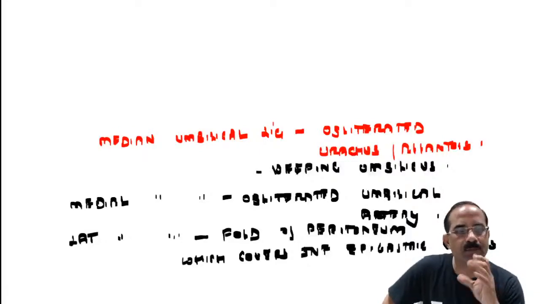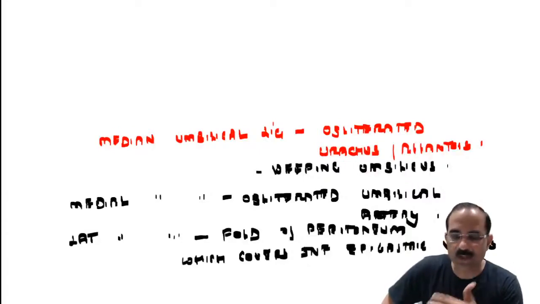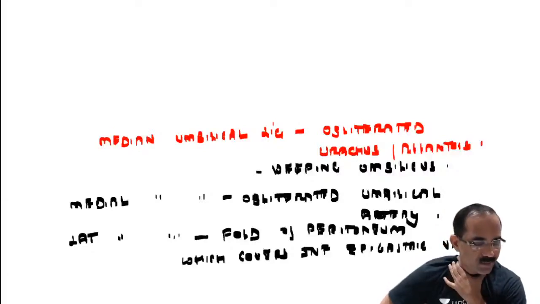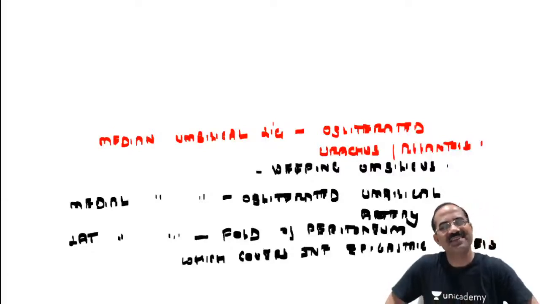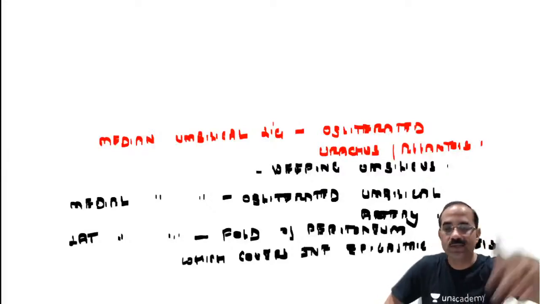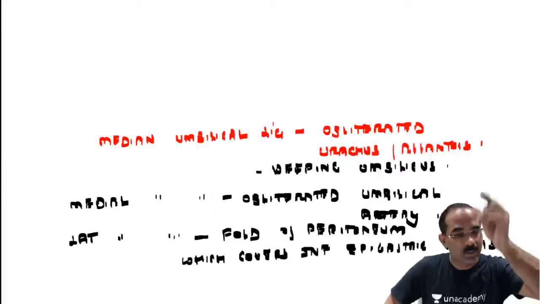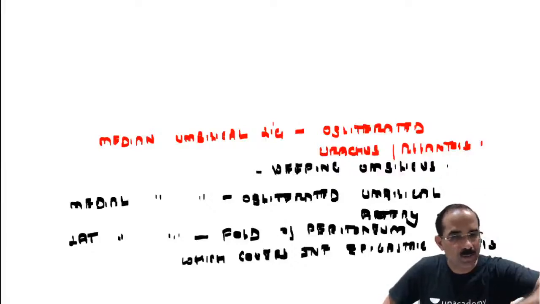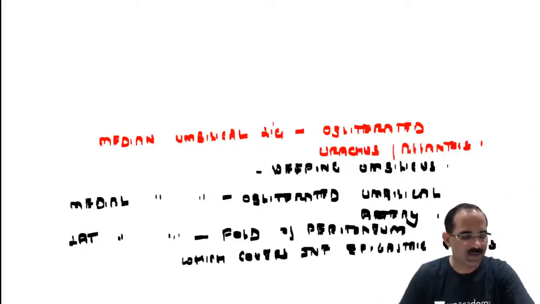Okay. You know what is Meckel's diverticulum? Just as in fetal life the bladder is communicating with the umbilicus, similarly in fetal life the midgut communicates with the umbilicus. What is that known as? Answer this.